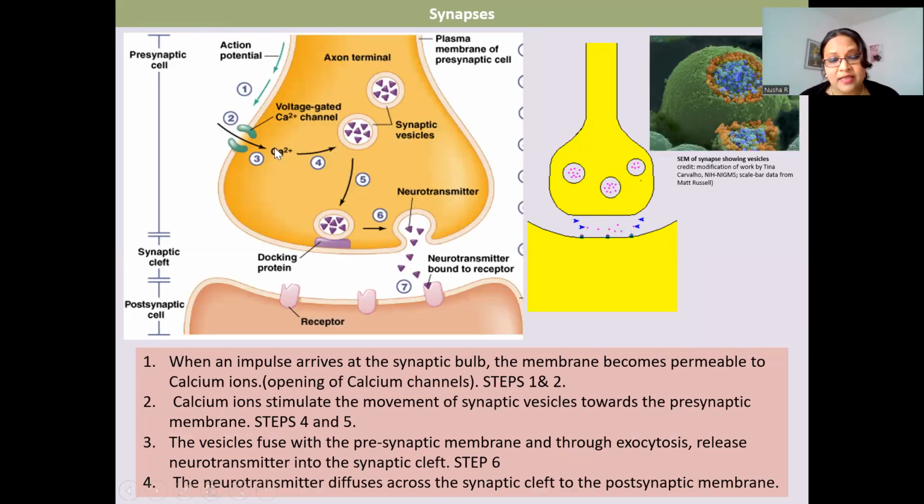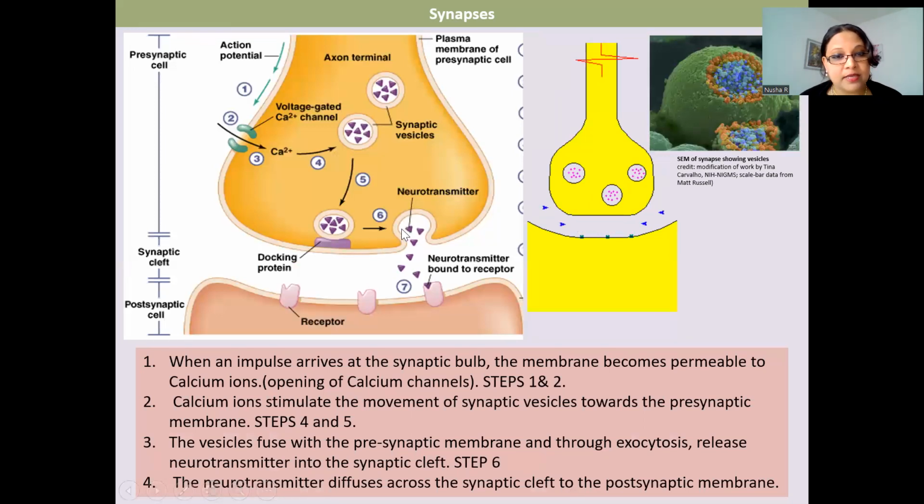So we were saying that these calcium ions stimulate the vesicles, which contain a particular neurotransmitter substance, to move towards the presynaptic membrane. So you can see these vesicles arrive here.